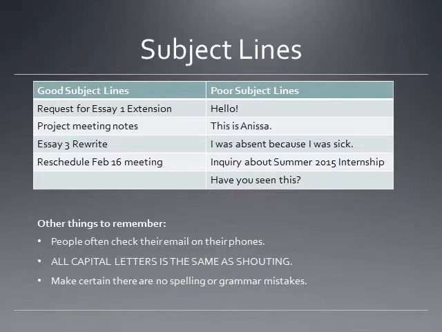Poor subject lines are vague, like hello. This is not necessary. You're going to say hello in the salutation at the beginning of the email, not in the subject line. Anissa is a poor subject line because you don't need to put your name in the subject line because the name of the person who is sending the email is part of the email.